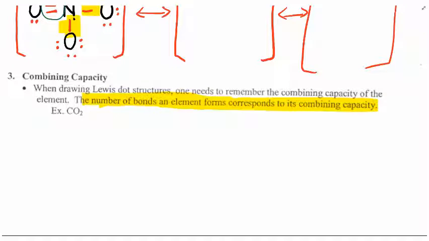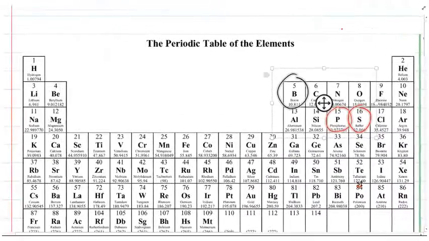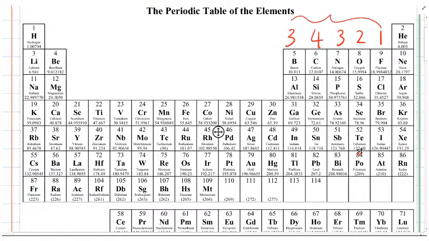One easy way to remember the combining capacity, again, go back to your best friend, the same song that I taught you. Remember 1 2 3 4, 1 2 3 4, 3 2 1. And actually these numbers are not just representing the charge, but also the combining capacity of the atoms.